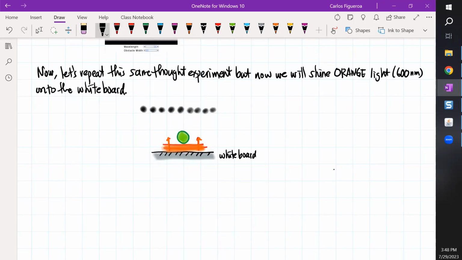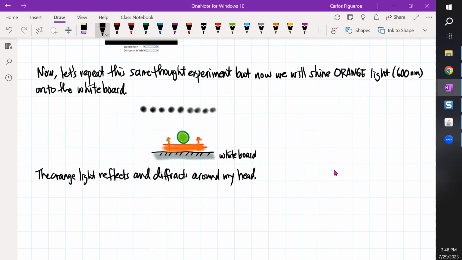So what we could say here is that the orange light reflects and diffracts around my head. So the question is, how much diffraction occurs?